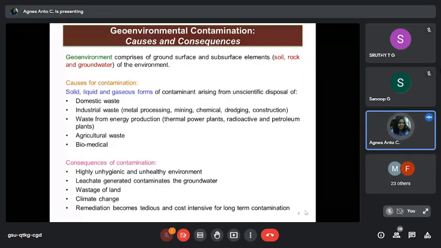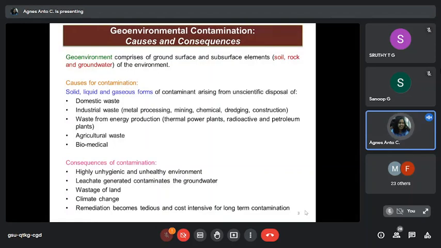Now, since the nuclear industry is booming, the radioactive materials, the waste from the nuclear industry, and waste from petroleum plants, the hydrocarbons from petroleum plants, those contribute to the contamination of geoenvironment. Then agricultural waste.